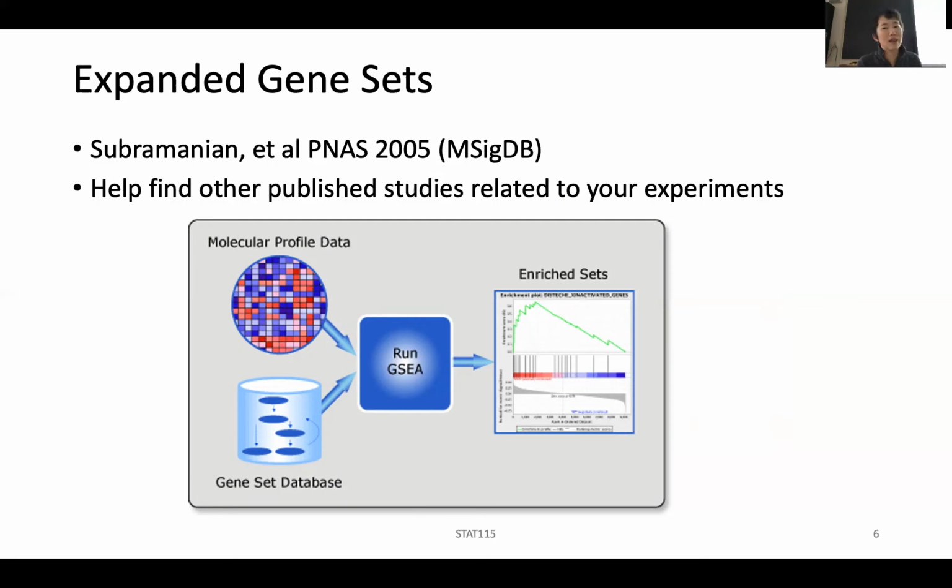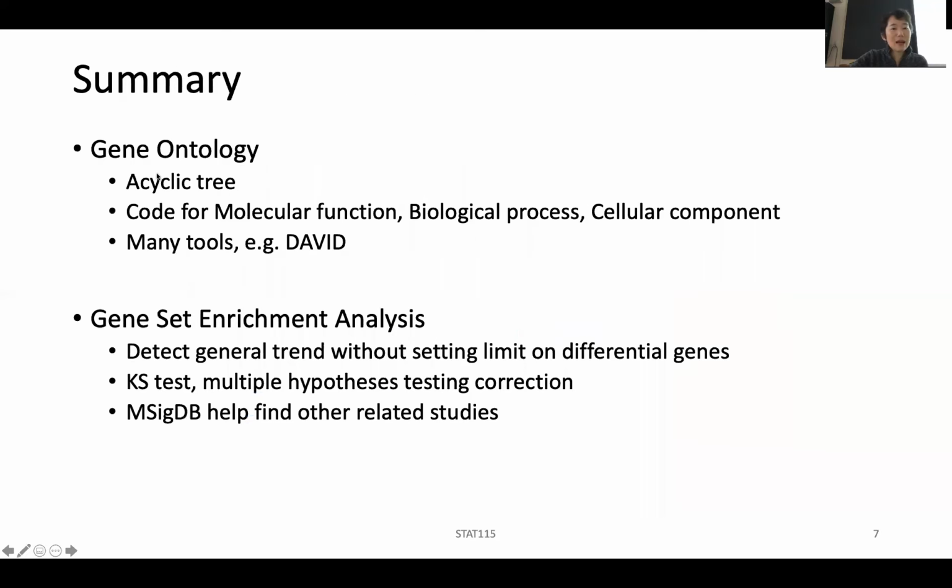That gives you a lot of hints whether your experiments, whatever drug treatment or disease, are relevant to other published studies. Okay, so that's a very, very useful tool. So the summary here is gene ontology. We mentioned that it's an acyclic tree, and every gene is annotated to have three codes: molecular function, biological process, and cellular component, right?